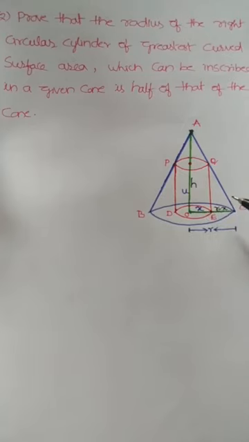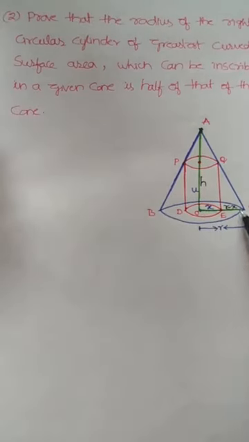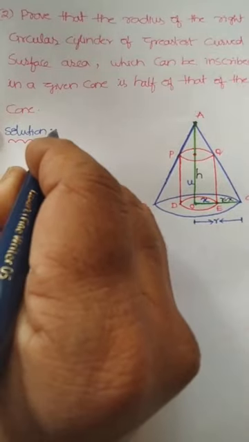One more thing to observe here: AOB is a right angle triangle, and this QEC is also a right angle triangle. These two triangles are located on the same base OC bar, so we can compare these two triangles. Let us move into the solution of this problem.